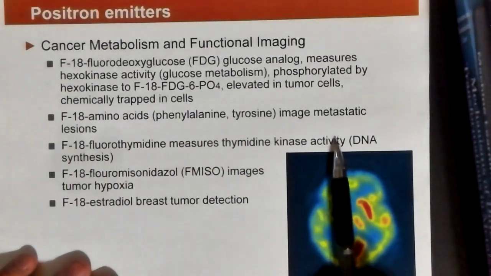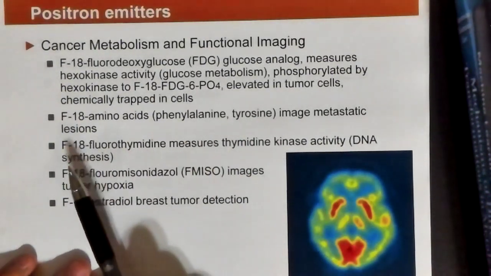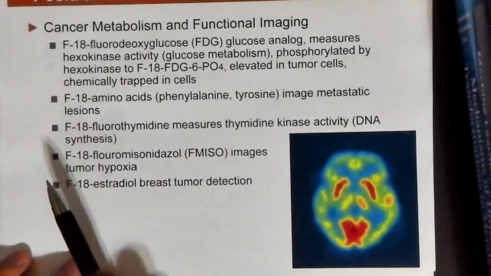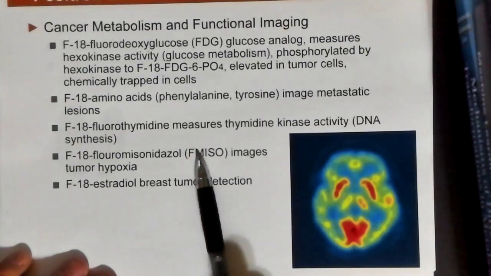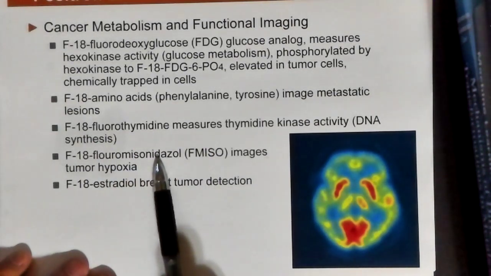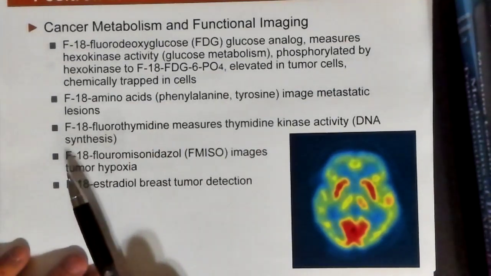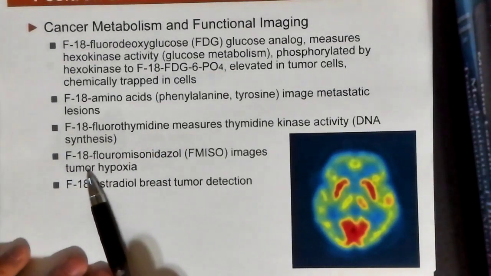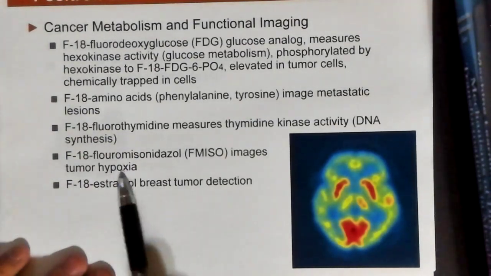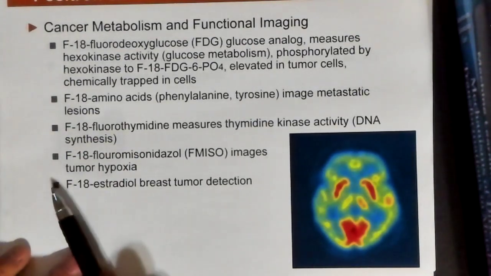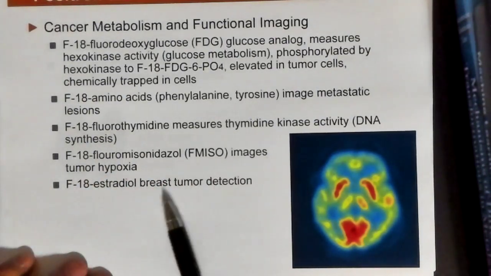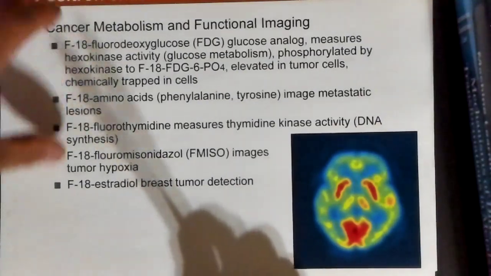You can also take a look at DNA synthesis by making fluorothymidine. You can look at what are called FMISO, fluoromisonidazole images, to look at what's called tumor hypoxia. That's the starvation, the oxygen deprivation caused by a tumor. And you can also take a look at detection of breast tissue for tumors.